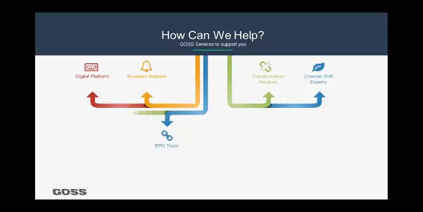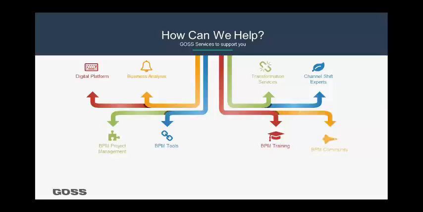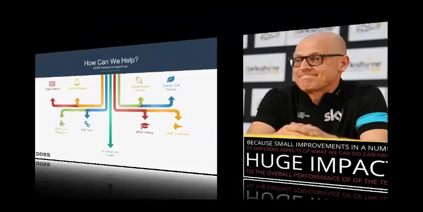We've got BPM tools to help you. We've got BPM project management services if you need to boost your organization. We offer BPM training on methodology and use of the tools. And we've also got our BPM community where we're hoping to get all of our clients sharing good practice, even sharing projects and sharing expenses to do some integrations. And those services are there to help you accelerate your projects.